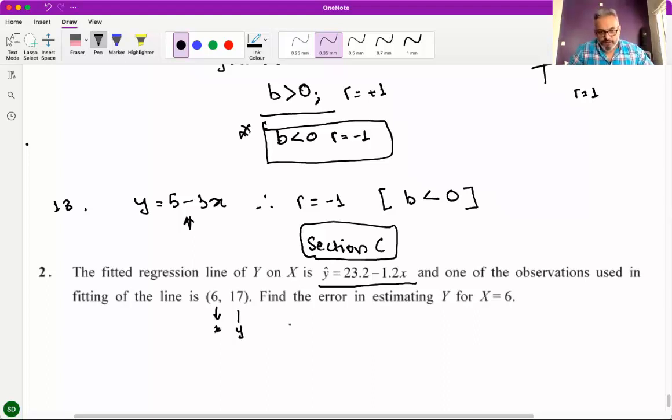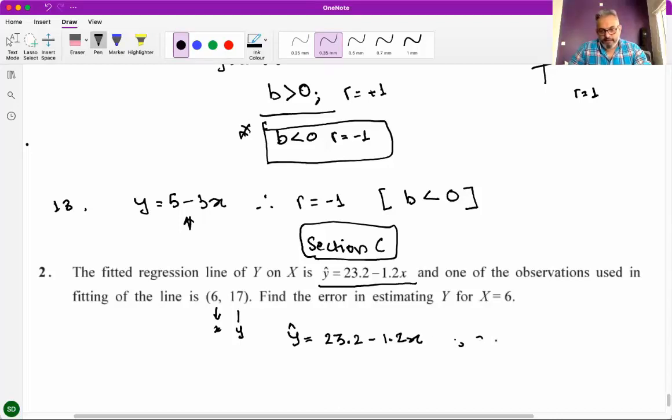So first let's use this equation: y cap is equal to 23.2 minus 1.2x.